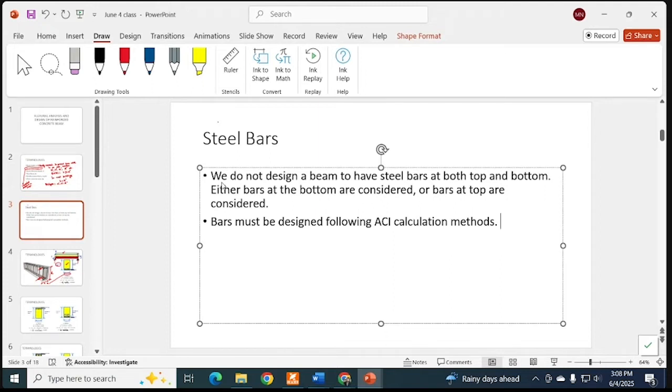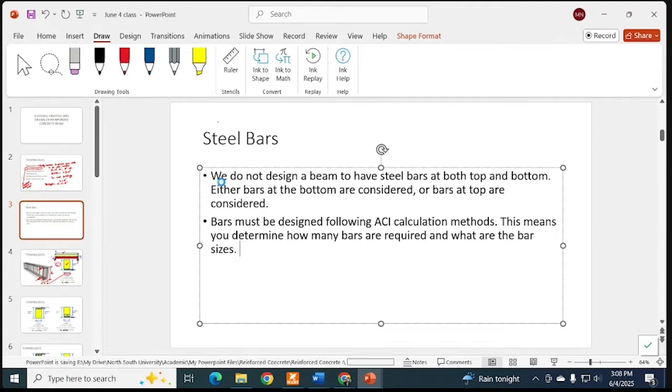So when you design the bars, you determine how many bars are required and what are the bar sizes. So you determine how many bars are required and what are the sizes of the bars.